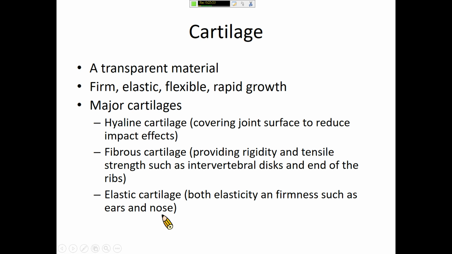So that bone will hold it so that you don't feel it. Otherwise, it's too big. It causes damage. And for that ear bone, there is also a cartilage. It's both elastic and firm.